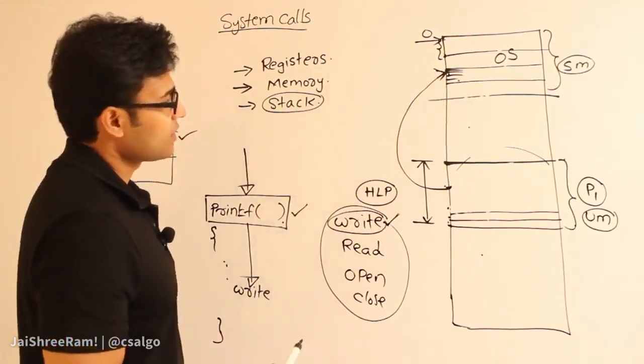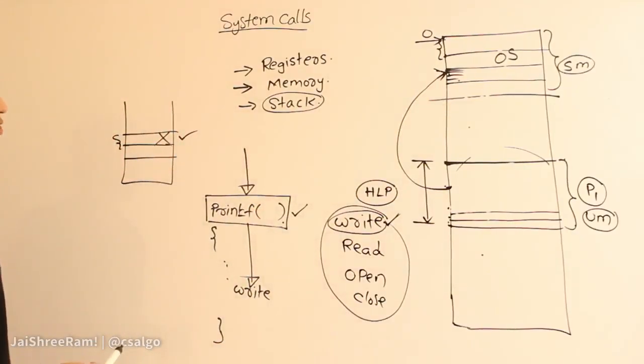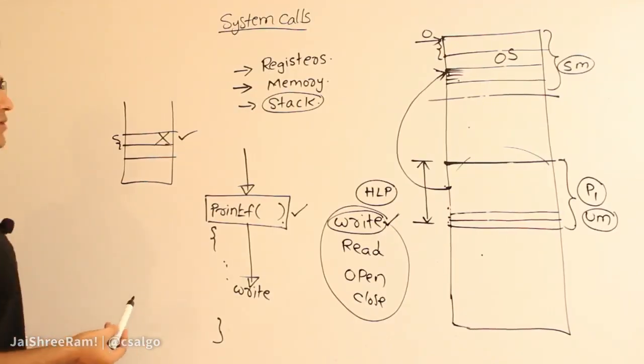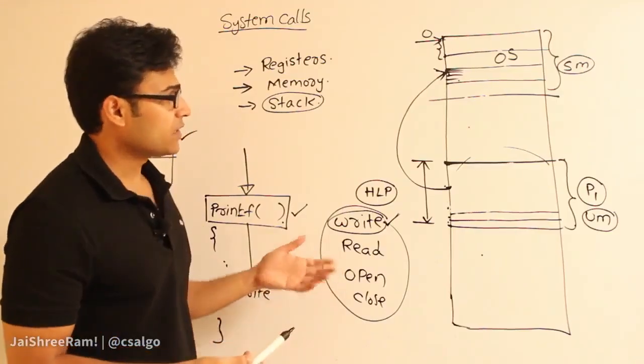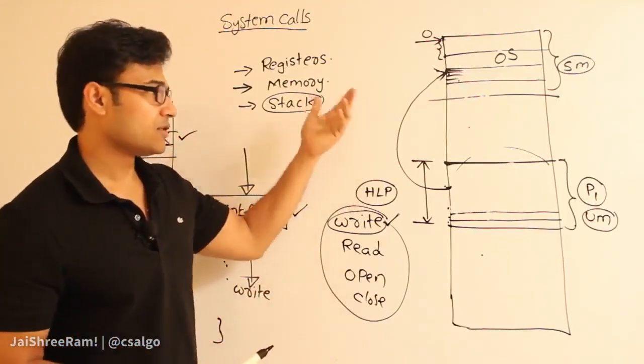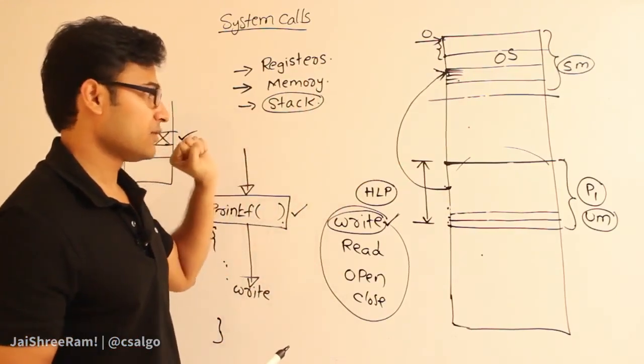The problem is, we don't want every user to access and modify the code of the operating system. It will raise a lot of protection issues, right? So there will be security and protection required. So that is why we want to go into this system mode and do it in a protected manner, right?